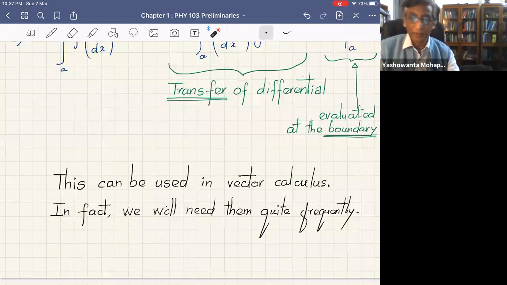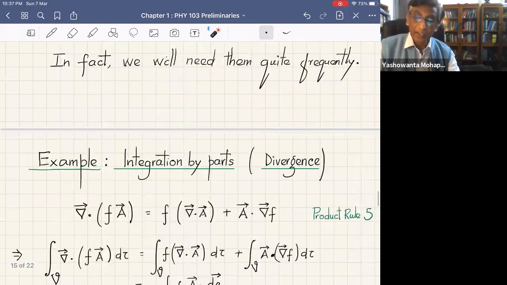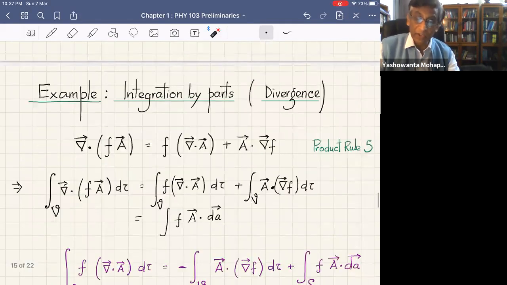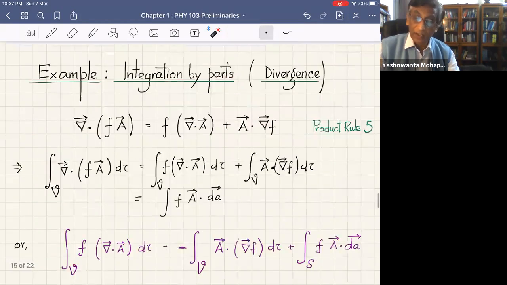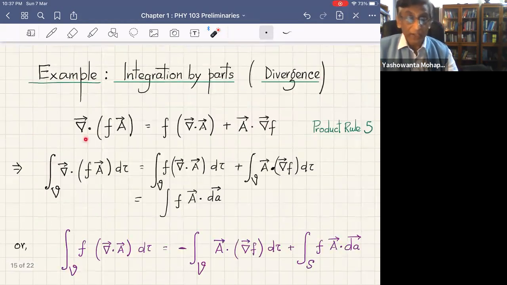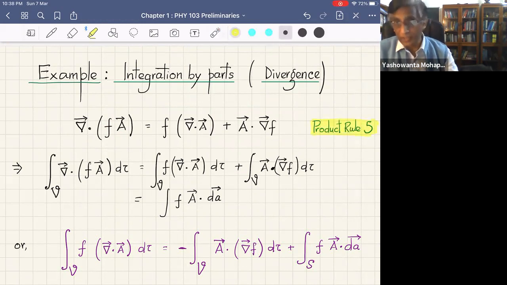So example, let's say integration by parts by divergence. Let's start with the divergence of a scalar function f times a vector function a. And this, of course, is a product rule. We know this is product rule 5 in the book, so you will find it on the book cover as well.